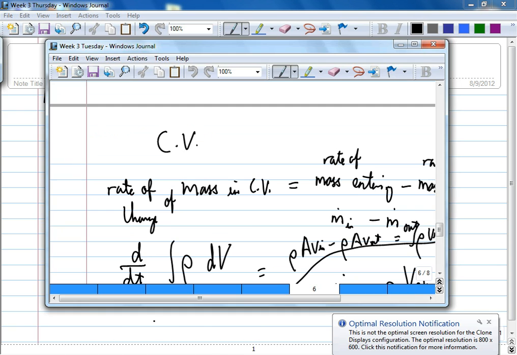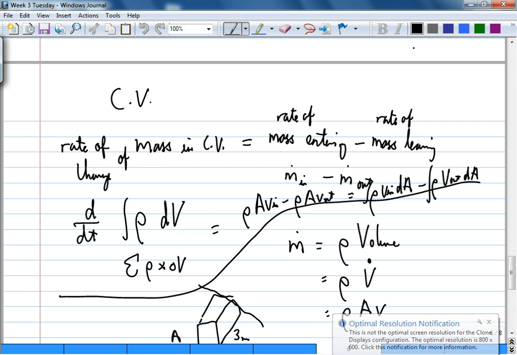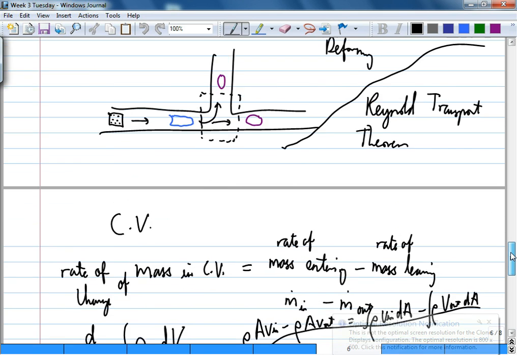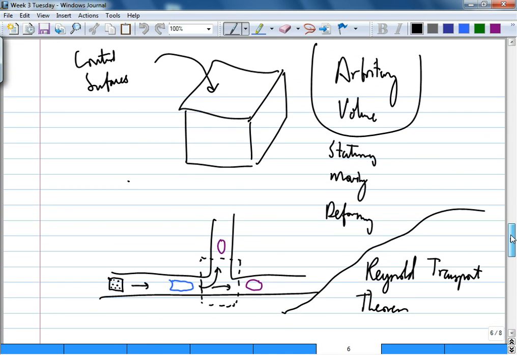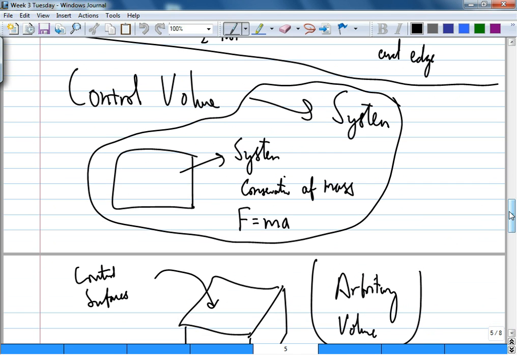Okay, before we start, let's just recap what we did last time. We started with the system. A system is the real thing; it could be a piece of fluid, a piece of solid, or something or other.